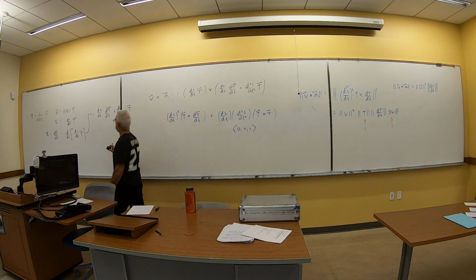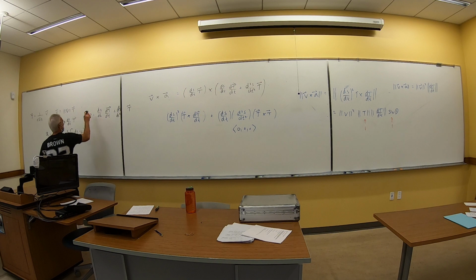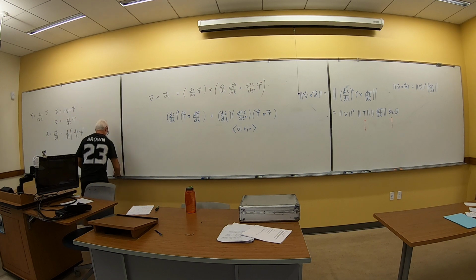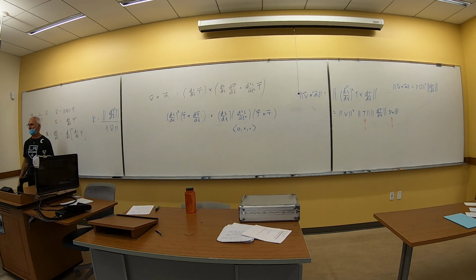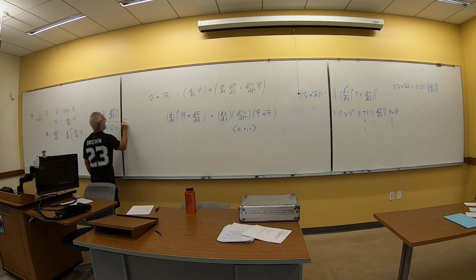Now I'm going to go back to, I don't need this anymore. What is curvature in terms of magnitude? Didn't we just show that curvature was this? Do you agree? That's what curvature is? Then doesn't that mean that the magnitude of dT/dt is what?